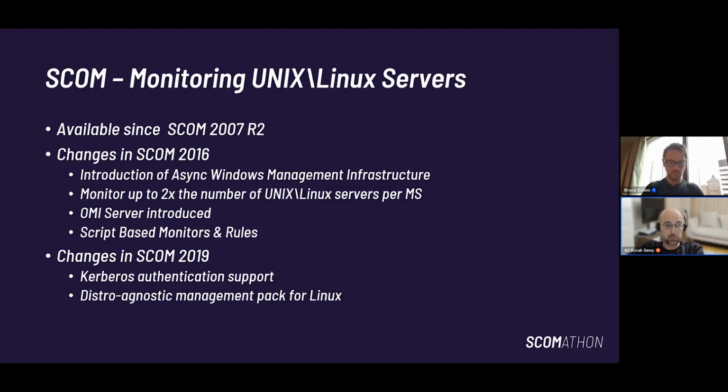With SCOM 2016, some major changes arrived. Asynchronous usage of Windows Management Infrastructure was introduced, and this doubled the scalability of the SCOM system. With the same resources, a single management server could monitor up to 2 times the number of Unix and Linux servers.